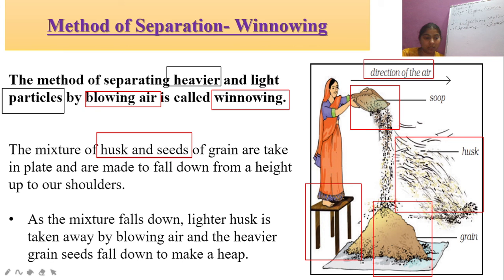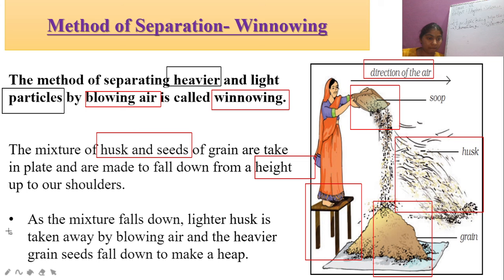So height is required, and students, make sure it is at your shoulder level. As the mixture falls down, the lighter husk is blown away, and the heavier grains fall down to make a heap. That way they make a heap, and it can be separated.